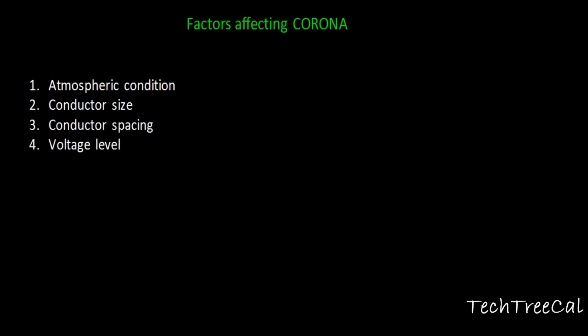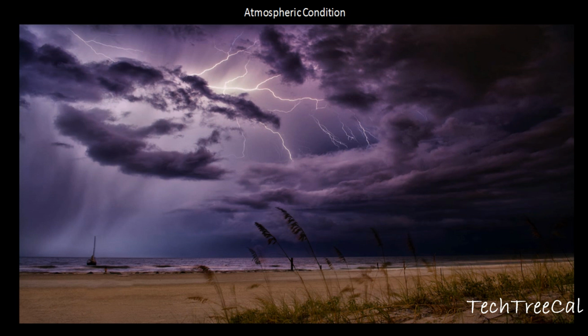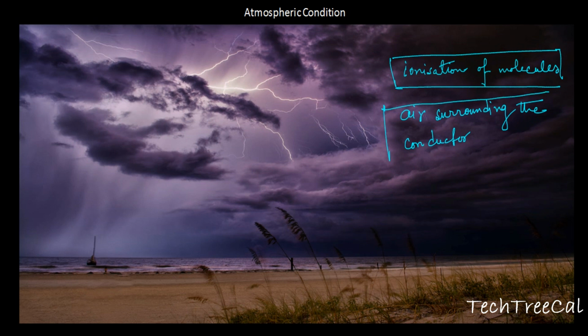Now, if we want to discuss the factors affecting corona, then these are the basic factors which actually have an impact on corona. If we discuss the factors individually, then atmospheric condition is a prime factor for corona. The basic requirement for corona formation is ionization of molecules. Now, which molecules? The air surrounding the conductors.